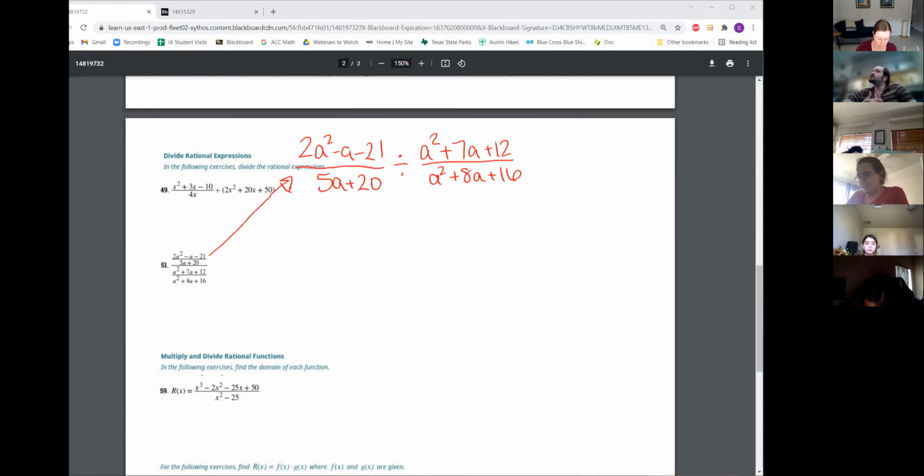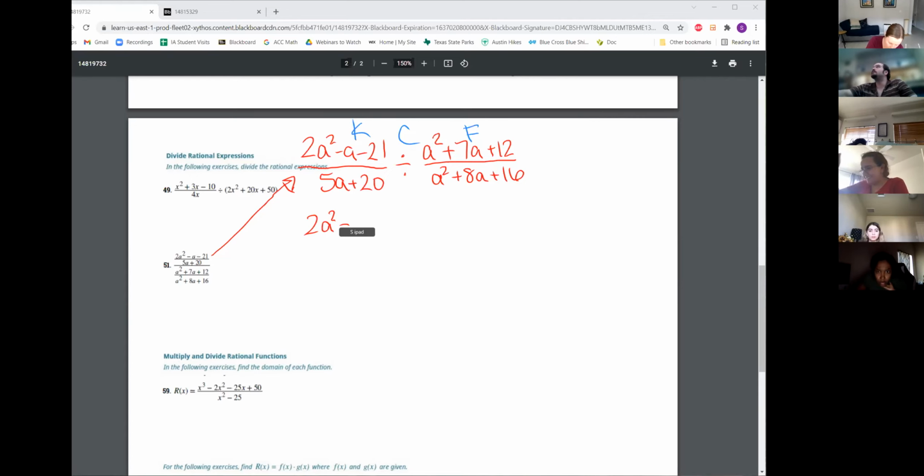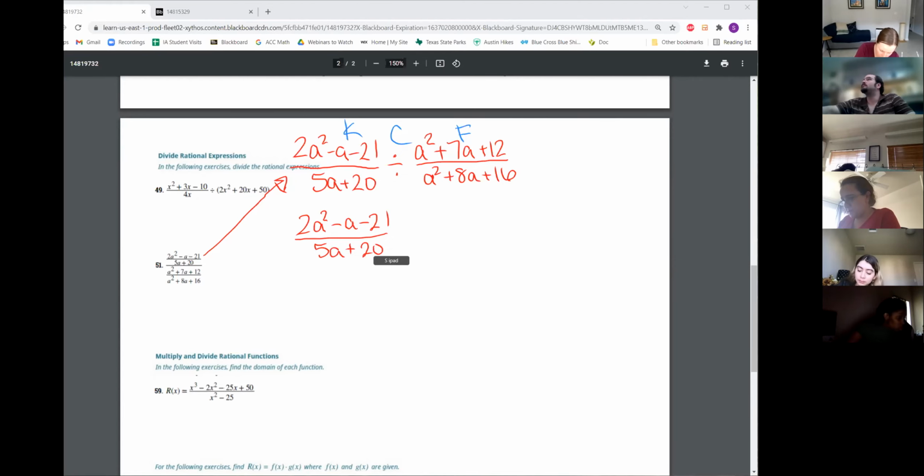Here I just put it as usual, 2a squared minus a minus 21 over 5a plus 20, times, I reflected the other side, times a squared plus 8a plus 16 over a squared plus 7a plus 12. And then I did all my factors for them.